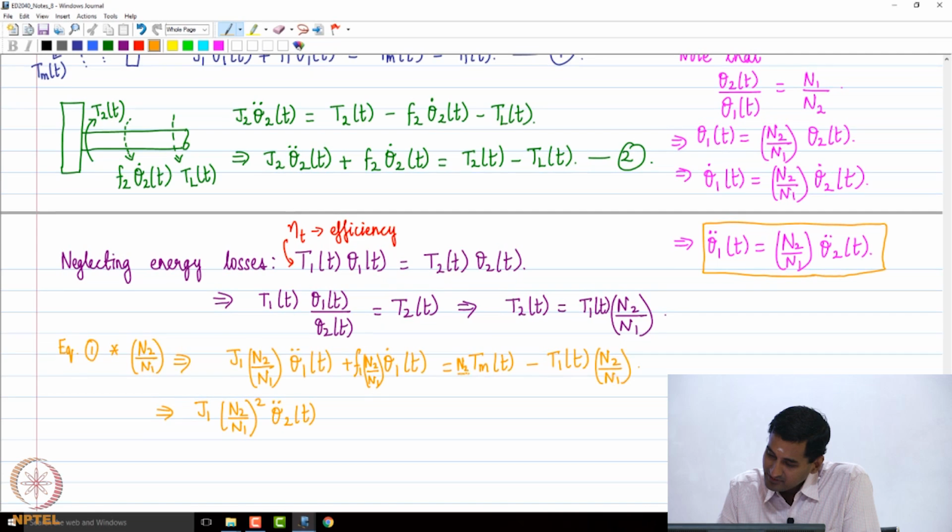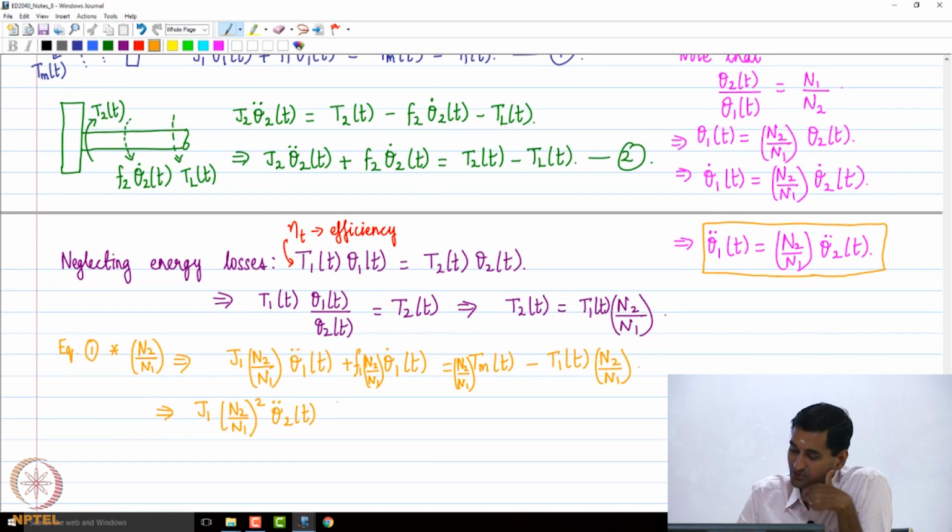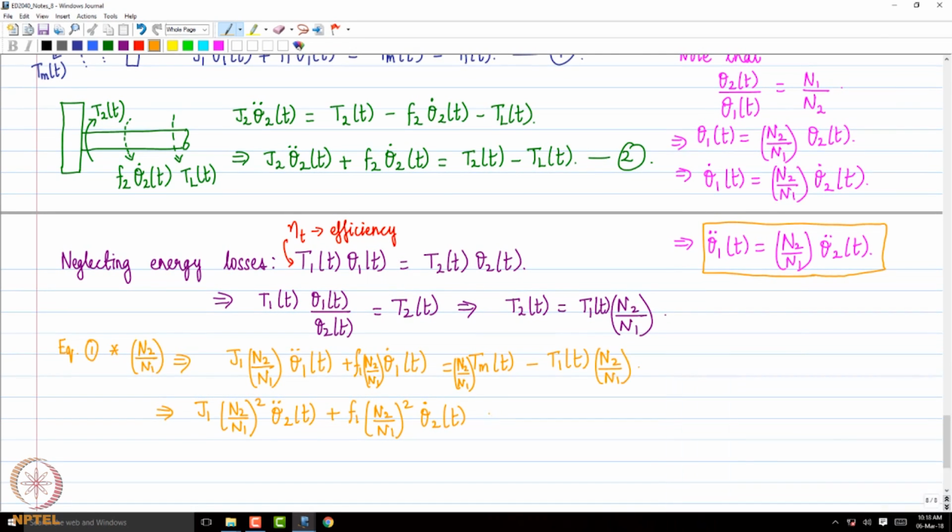So, in equation 1 I am multiplying both sides by N2 by N1, and I missed those two terms. Consequently, if I substitute for theta 1 dot, this is going to be F1 times N2 by N1 whole square theta 2 dot, and that is going to be N2 by N1 TMt minus T2t.